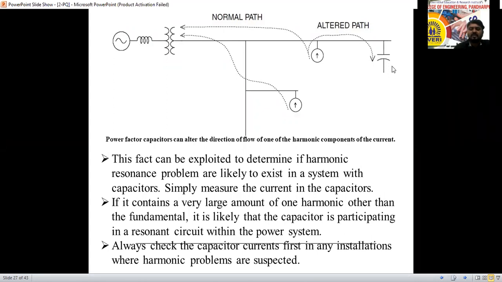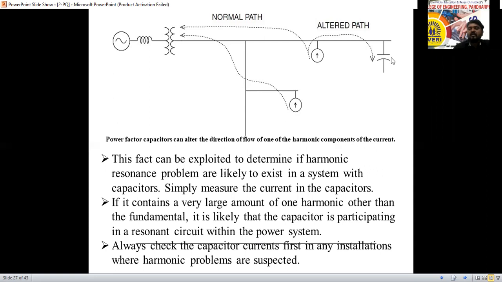If the current is very large and contains a very large amount of one harmonic other than the fundamental, it is likely that the capacitor is participating in a resonance circuit within the power system.